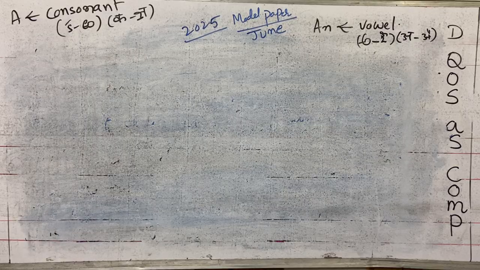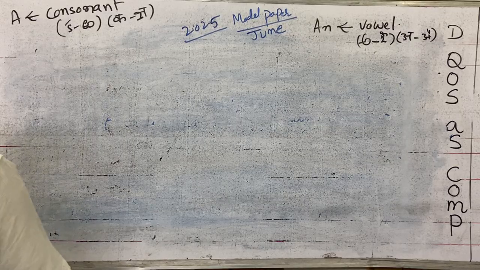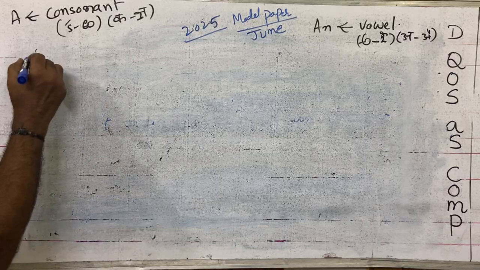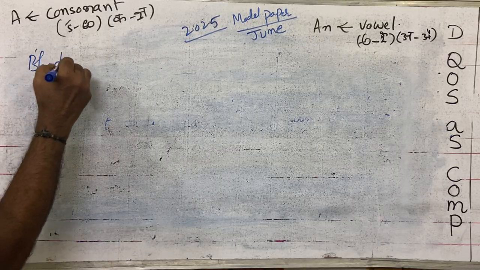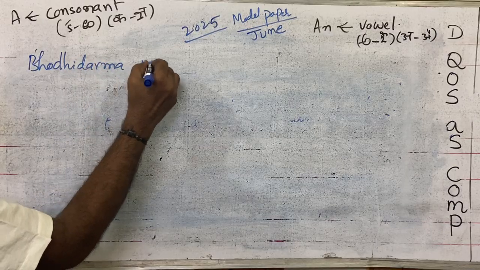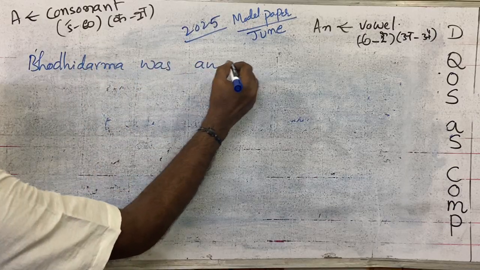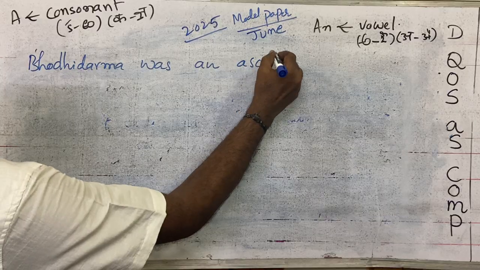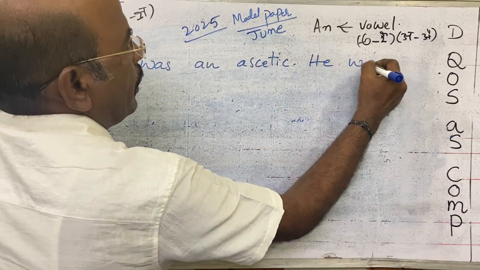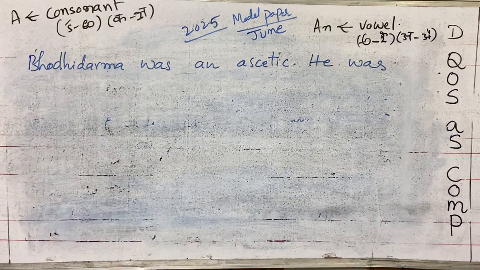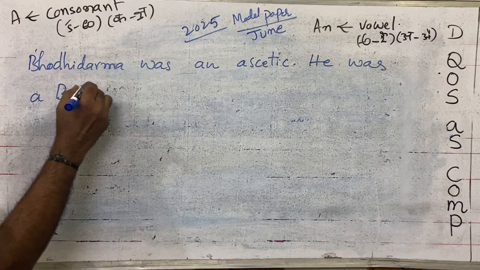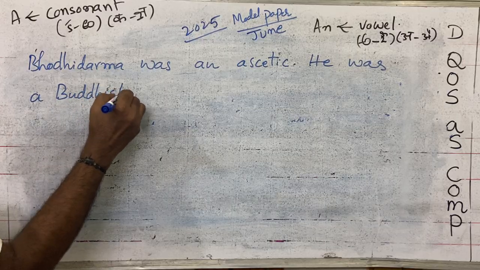Bodhidharma was an ascetic. He was a Buddhist. Bodhidharma was an ascetic, and he was a Buddhist.